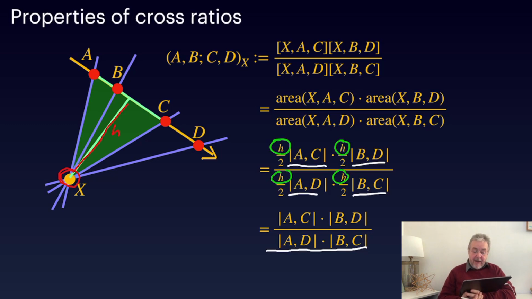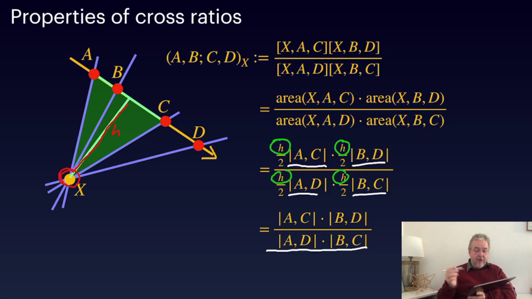I don't know if you recognize this, but this is really a great fact, because x does no longer occur in this expression. This only depends on the position of our 4 points, and we made the cross ratio completely independent of x.